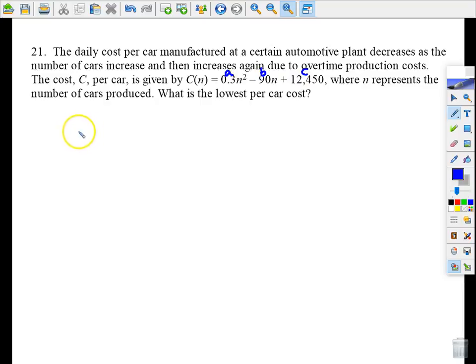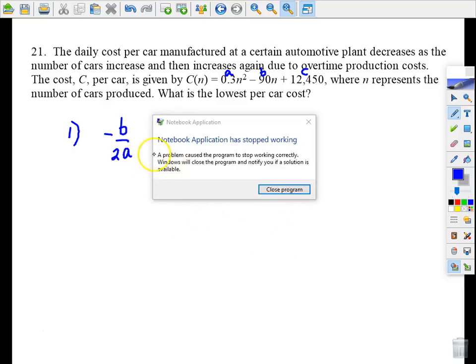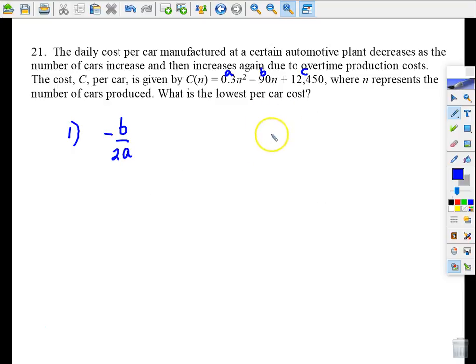The first thing you will want to do when you find the vertex is find the AOS, and remember this formula: the opposite of b over 2a. I've already labeled those letters. B in this case is negative 90, and A is 0.3, but we're doing 2 times 0.3.